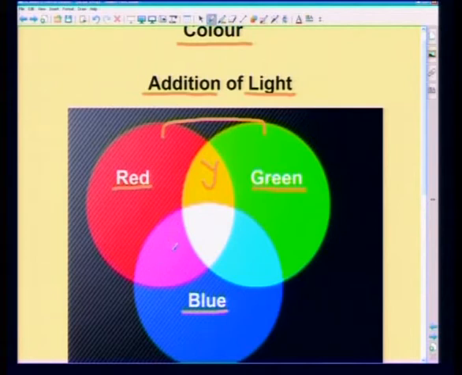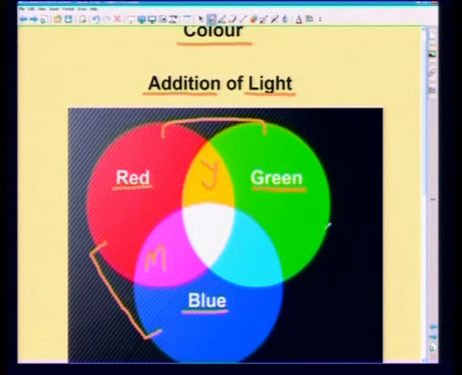Here, we can also have red and blue added together. When we have those two added together, we produce a light color called magenta.